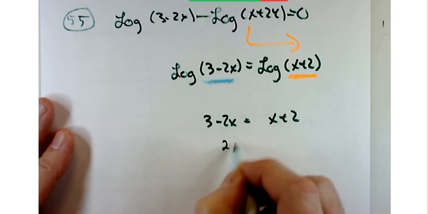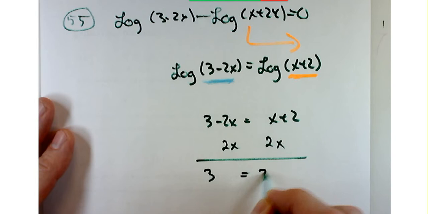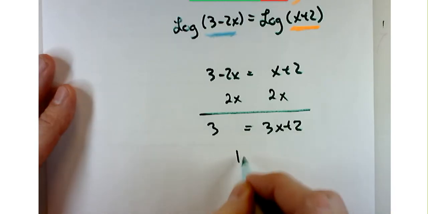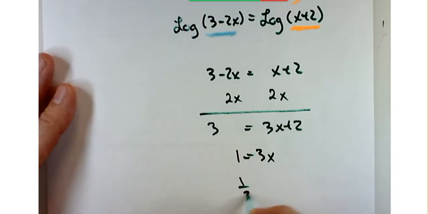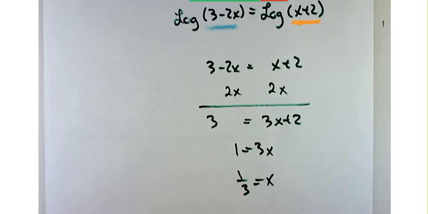Let's add 2x to both sides. I get 3 equals 3x plus 2. Subtract 2, I get 1 equals 3x. 1/3 is x. So yay.